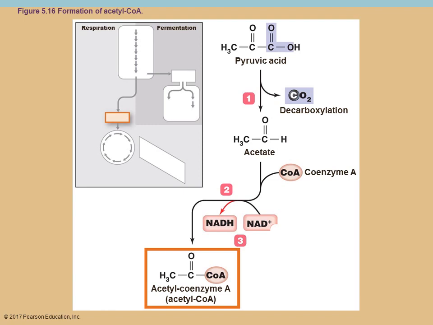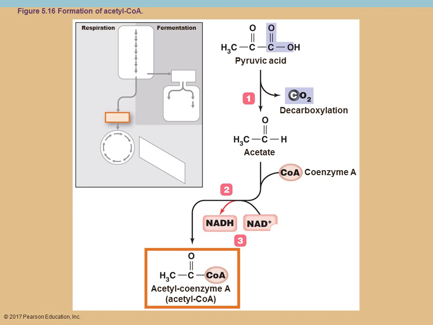So your pyruvic acid that was generated as a product from glycolysis, the first thing that you're going to do is, pyruvic acid is a 3-carbon compound. You're going to remove one of those carbons. That's CO2. So one of them gets basically chopped off. And then you have coenzyme A come in and bind. And now here comes NAD.